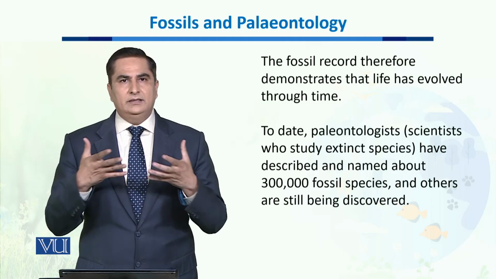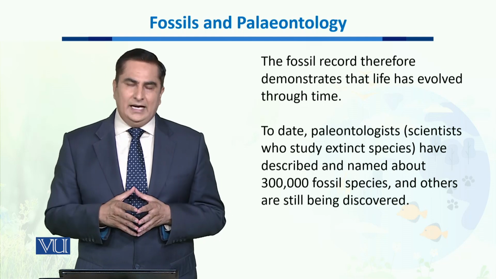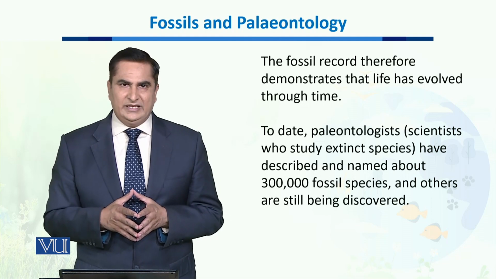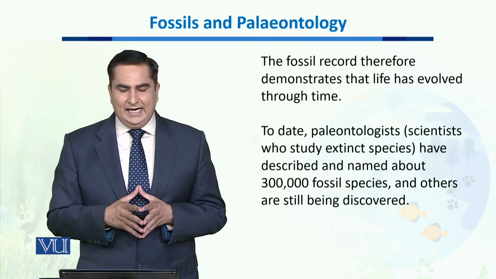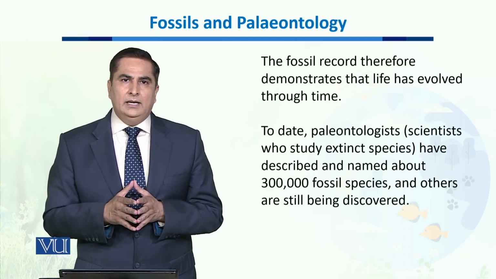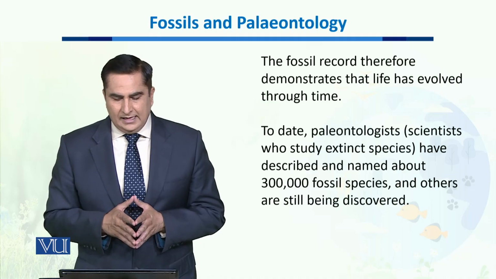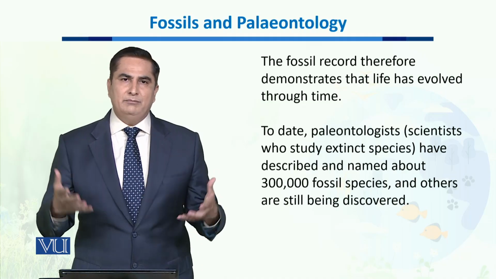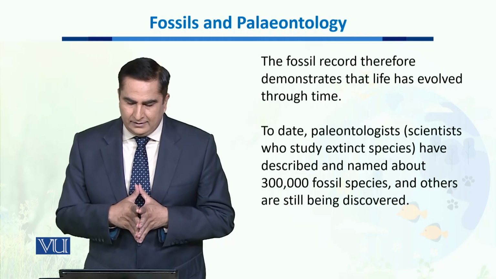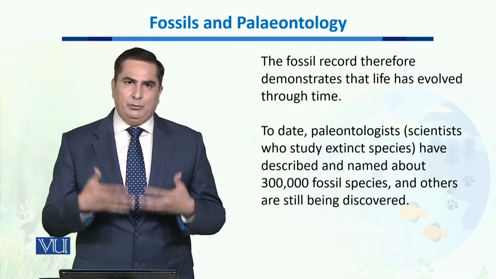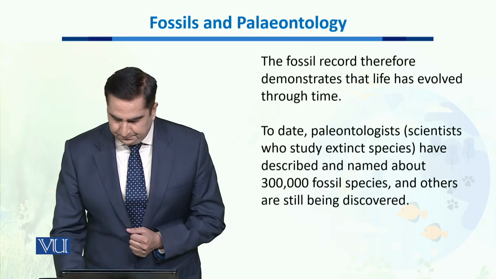To date, paleontologists, or the scientists who study extinct species or fossils, have described and named about 300,000 different fossil species, and every day some new species are being discovered and studied at the same time.